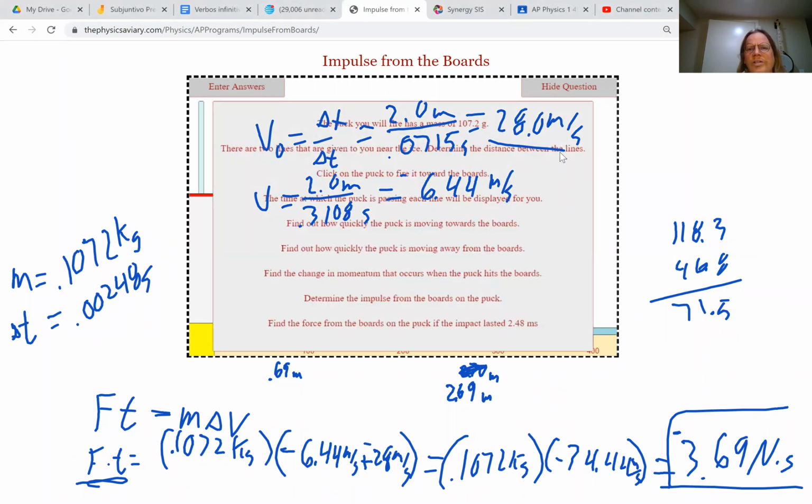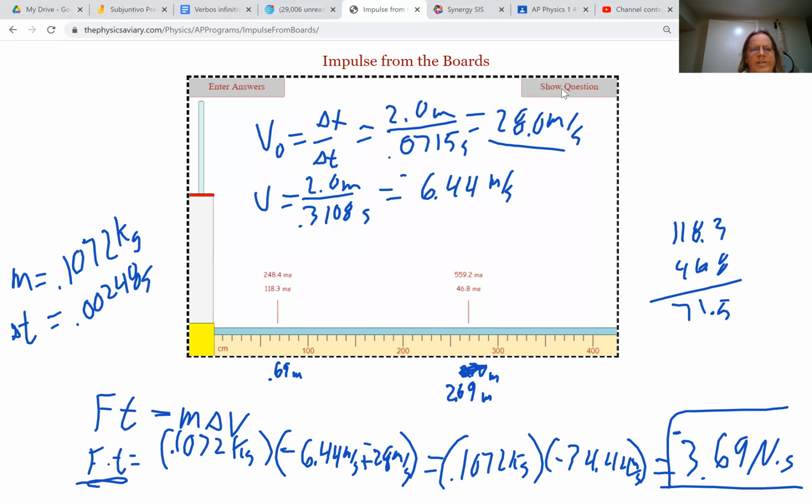The question says find how quickly the change in momentum. Oh, it's asking for the change in momentum, which is the same as the impulse. So the impulse was a negative 3.69 Newton seconds, and the change in momentum is a negative 3.69 kilogram meters per second. It's the same answer. Then find the force. I think they're going to give the positive value of that.